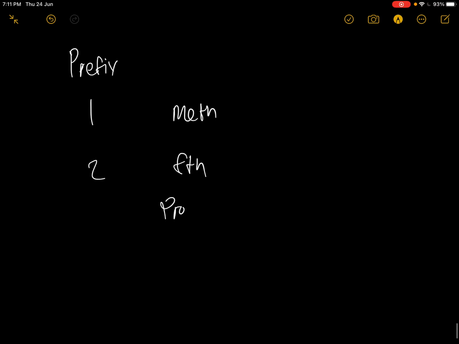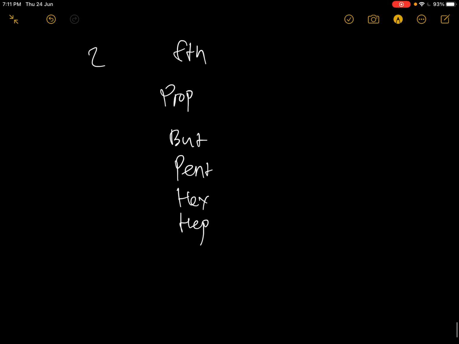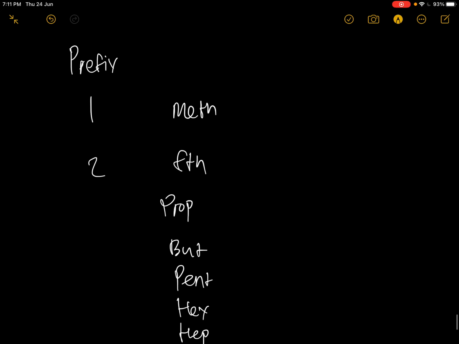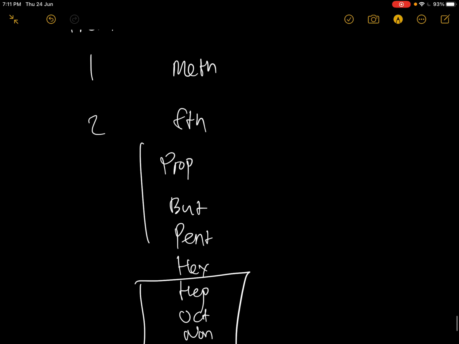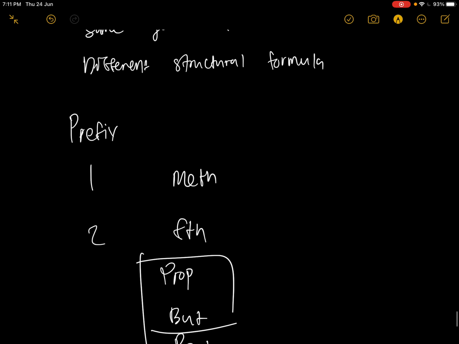If it's 2, it is eth. 3, it is prop, and then but, pent, hex, hept, oct, non, and dec. These ones are quite rare, but they ask mostly about meth, eth, prop and but. So that's your prefix.